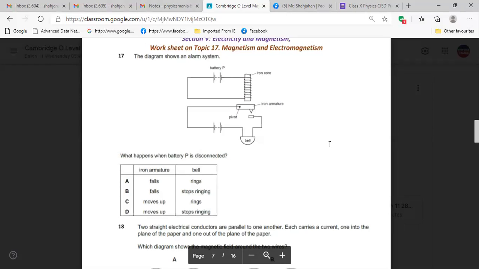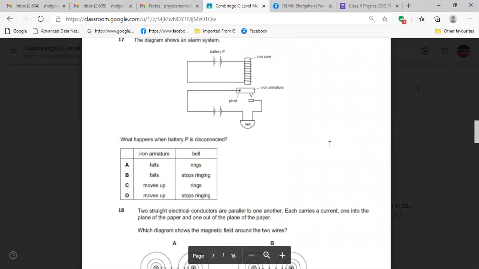Yes. So if now battery P is disconnected, what happens? The iron core becomes demagnetized. Then the iron armature will fall down. Then the bell rings. Then our answer is A. Is it?